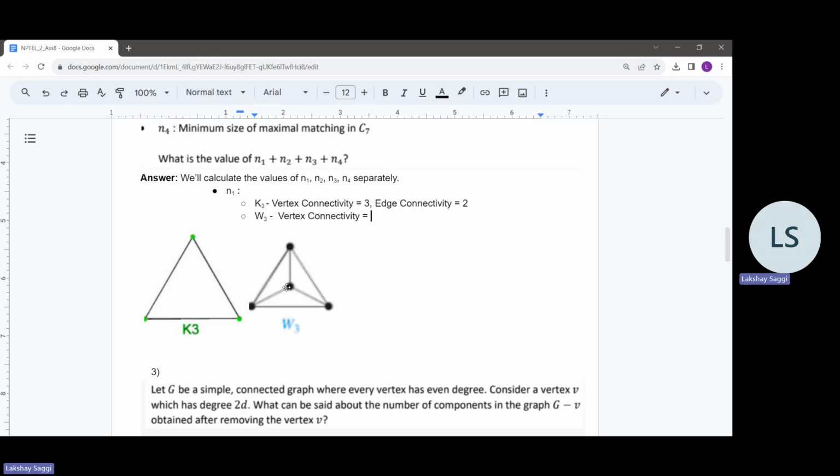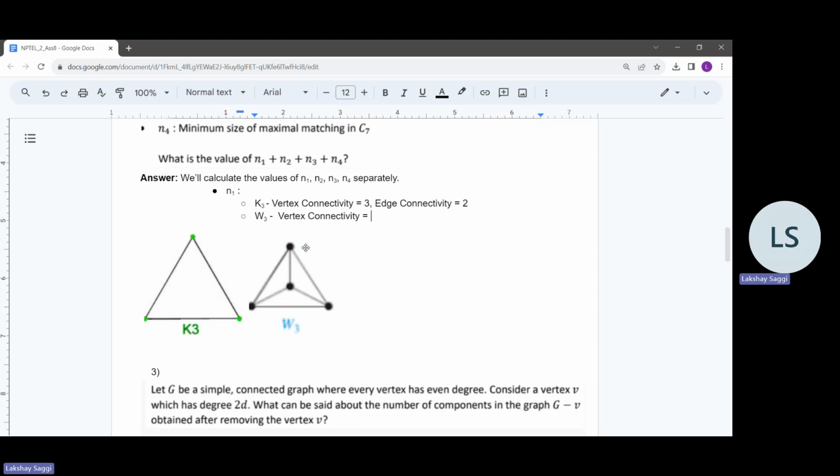So we definitely know that deleting only one vertex won't make it disconnected. And if I delete the center vertex, then only the triangle graph remains.